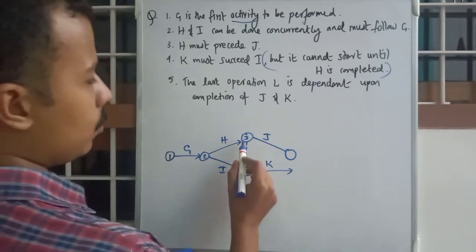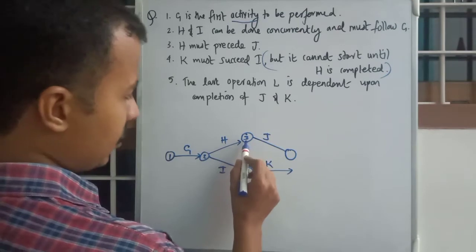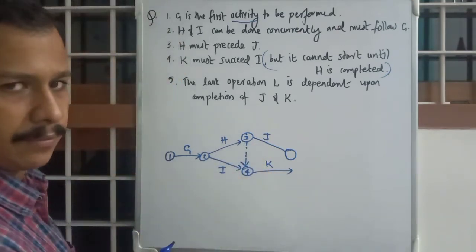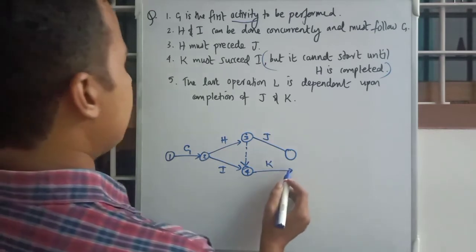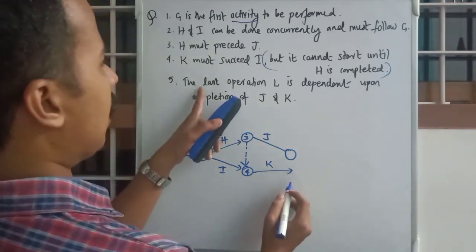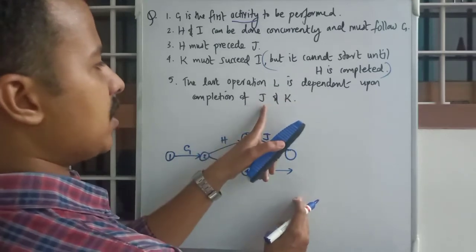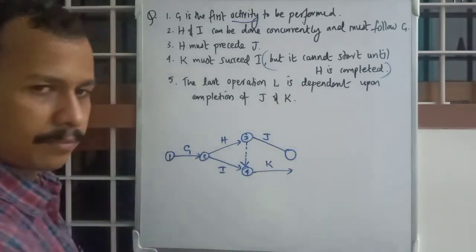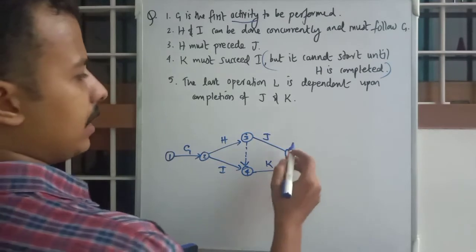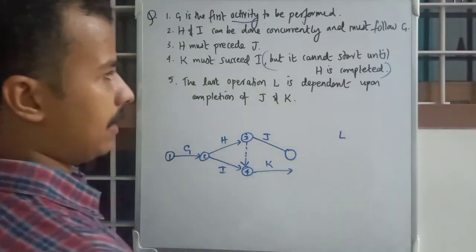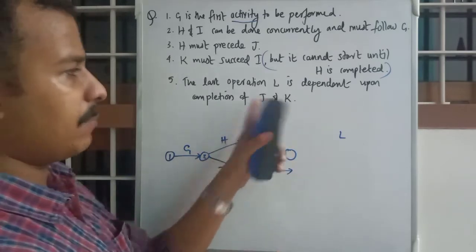Okay, so now only after completion of H and only after completion of I you can start K. Okay, and the last one, the last operation L is dependent upon the completion of J and K. Okay, so there is a last one L, and that is dependent only on J and K completion.